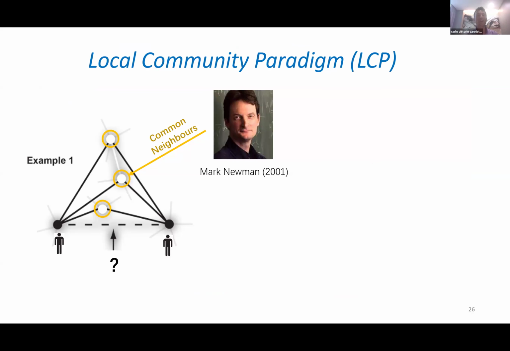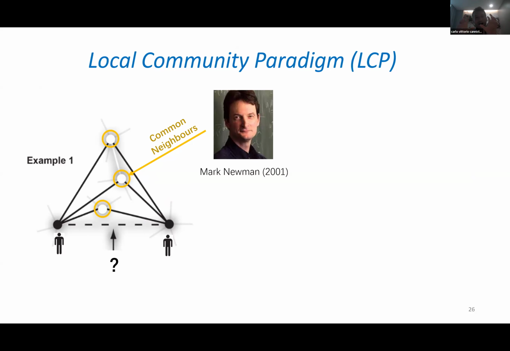The idea was given by Mark Newman. It was that common neighbors are a fundamental item to predict the likelihood a new link arises. The idea is the more common neighbors I have, the higher is the likelihood to have interactions. And my interpretation of this was that it could be related with Hebbian learning, but was missing an important part.